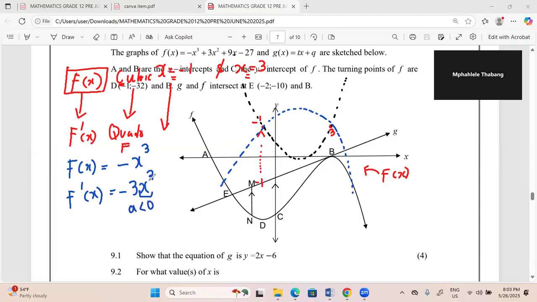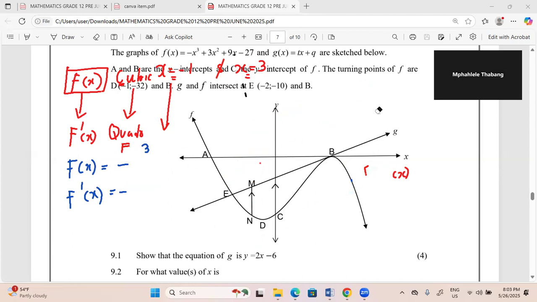So if the coefficient of x squared of a quadratic function is less than 0, it means the shape of that quadratic function should be a sad shape. So my shape therefore goes like this.